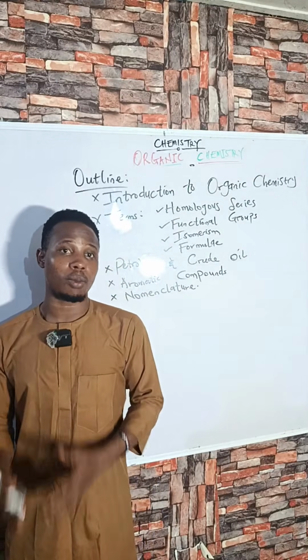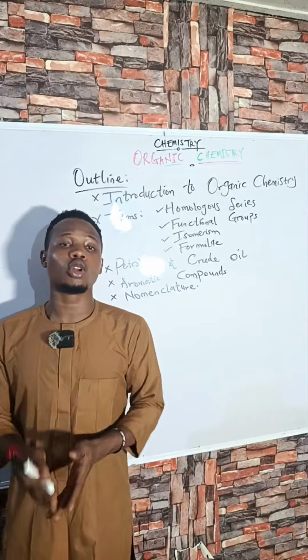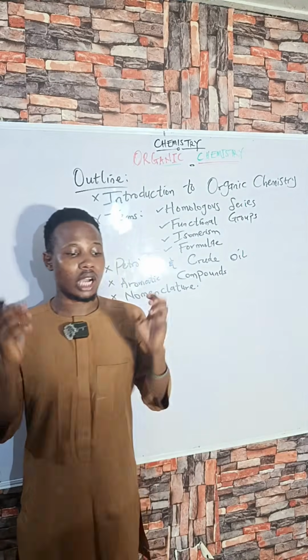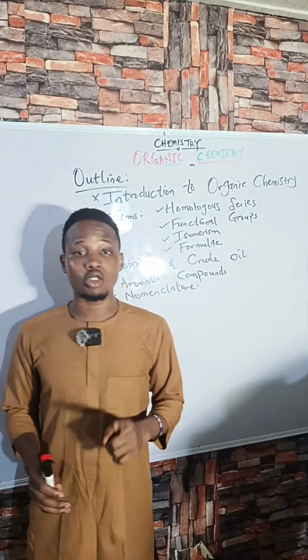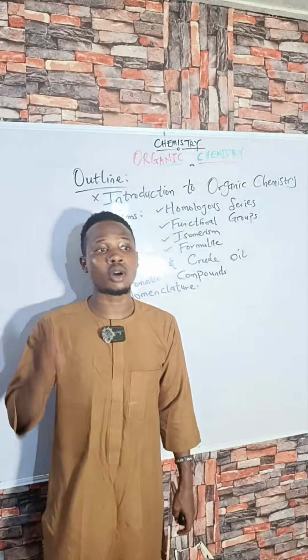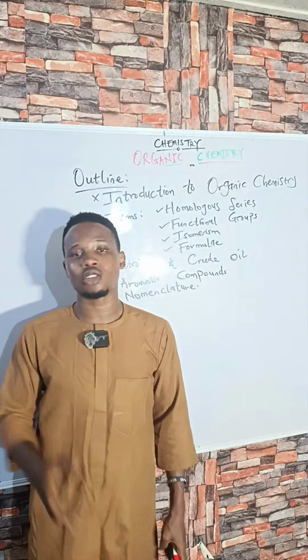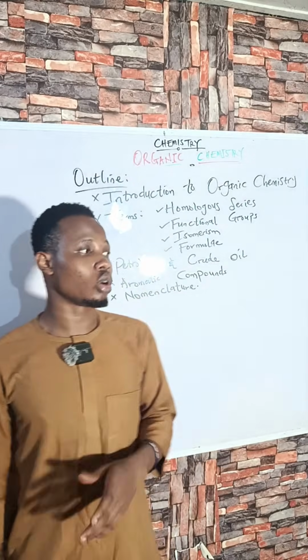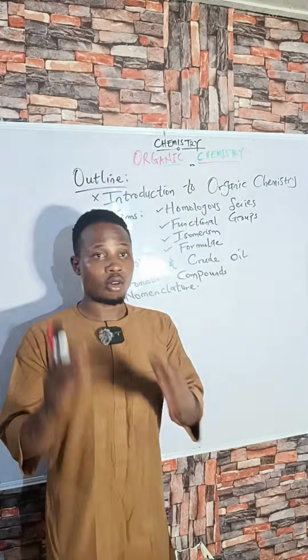Are they organic compounds? Definitely no. So not all carbon-containing compounds are organic compounds. Your carbonates are not organic compounds. That's one thing we should know. Of course, oxides of carbon are also not organic compounds. Think about CO2 and CO, your carbon(IV) oxide and carbon(II) oxide. They are inorganic compounds.